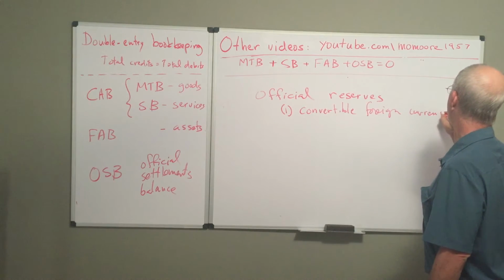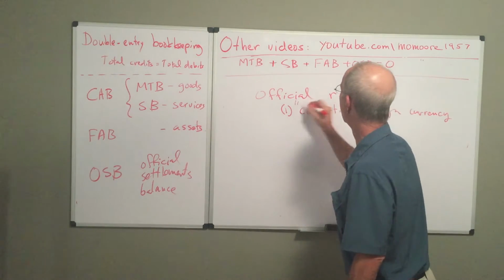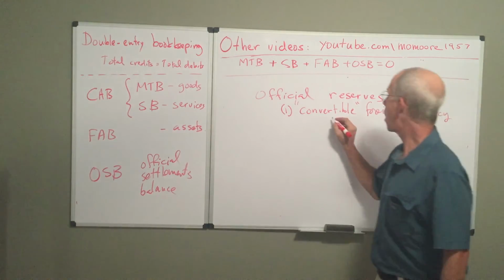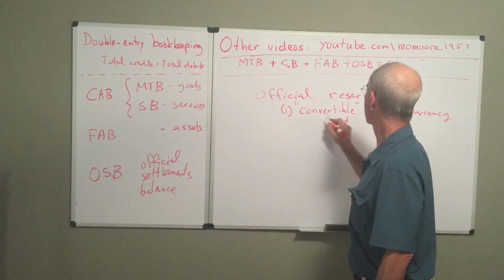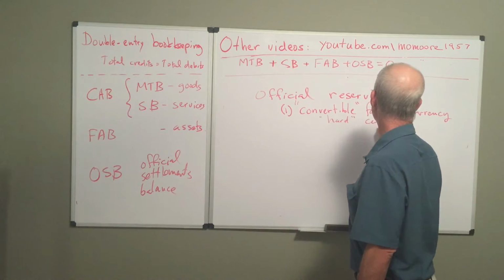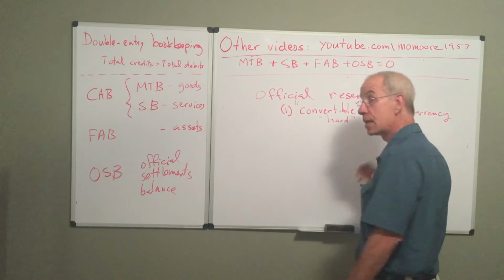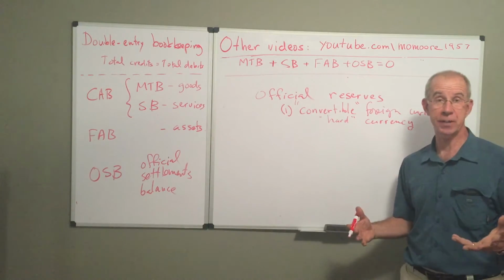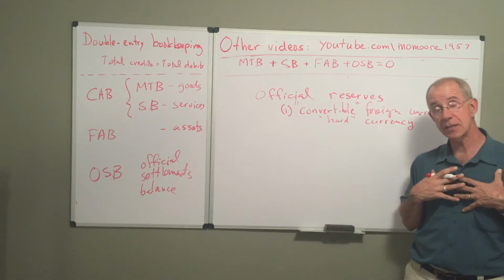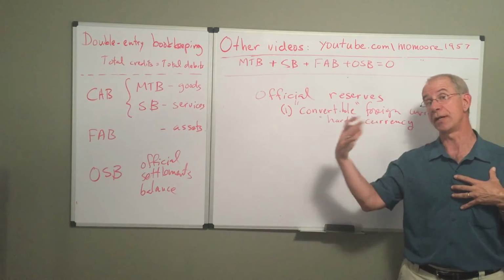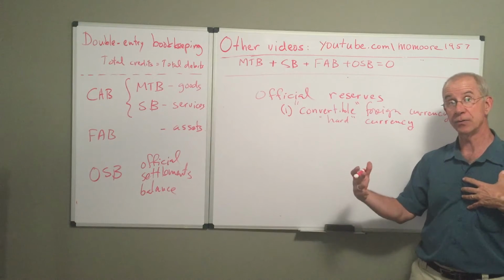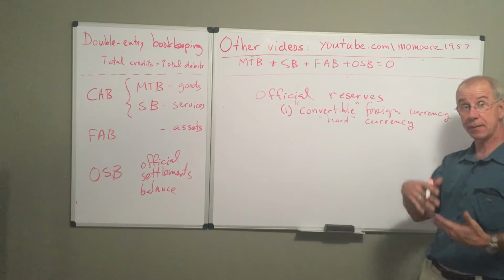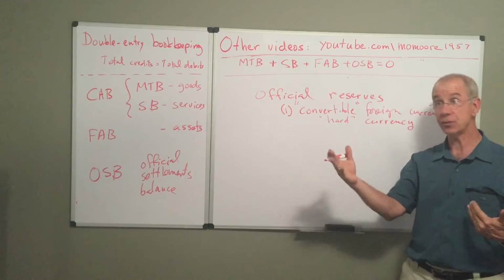One is convertible foreign currency. That is hard currency. That is foreign money that can be used as a payment in international transactions. So for example, the United States may have euros or yen or British pounds at the Federal Reserve, which can be used for payments internationally.